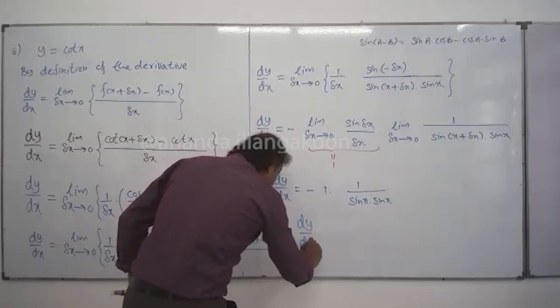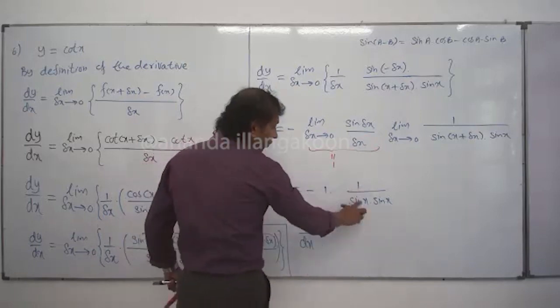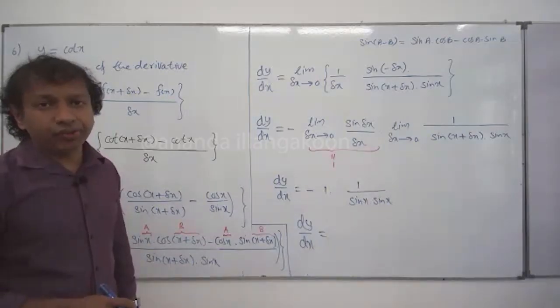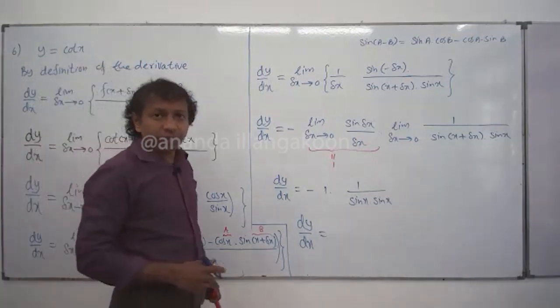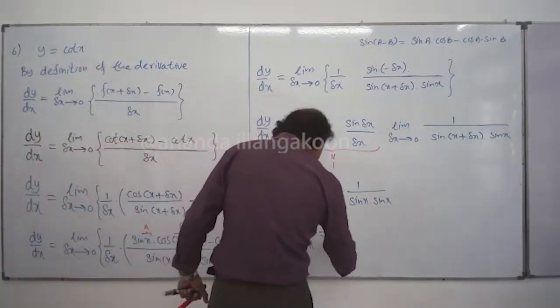Dy by dx is therefore 1 over sine x into sine x, means 1 over sine squared x. 1 over sine squared x is cosec squared x. Before that we have a minus sign, this is minus cosec squared x.